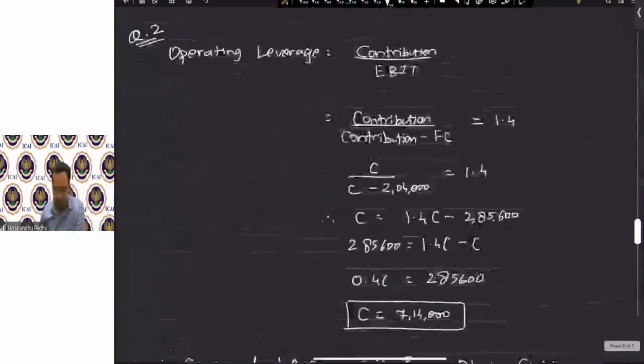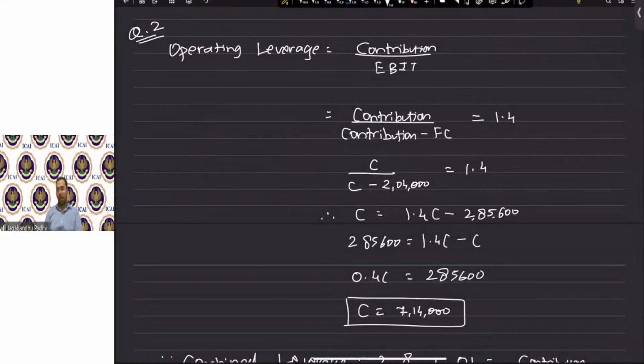We're done with this question number two. Quite an exclusive one. Any issues with this?